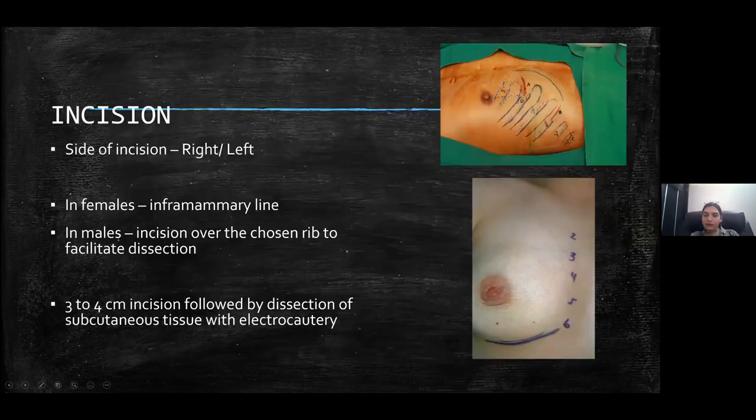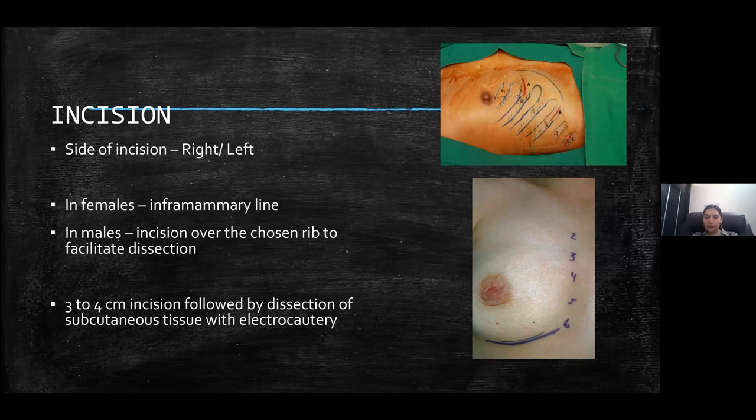The site of incision, usually in females, we prefer to take it on the right side, so that when they drape the sari, it gets hidden there. But it is absolutely the surgeon's choice, where if there are two teams employed for the surgery, maybe the other team can start on the other side.